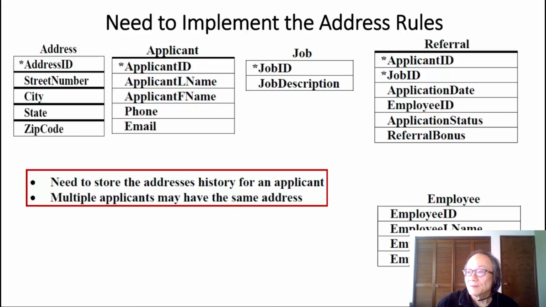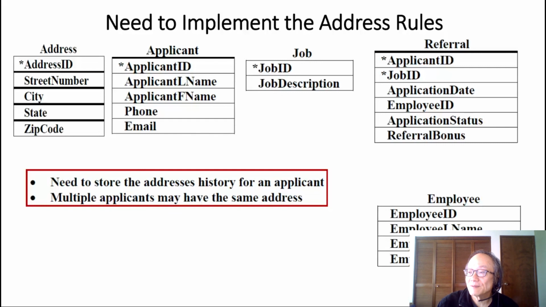Now, we need to implement the specific business rules about addresses. Remember, we need to store the address history for an applicant, and several applicants may have the same address.